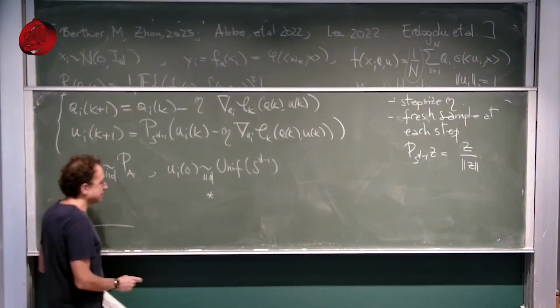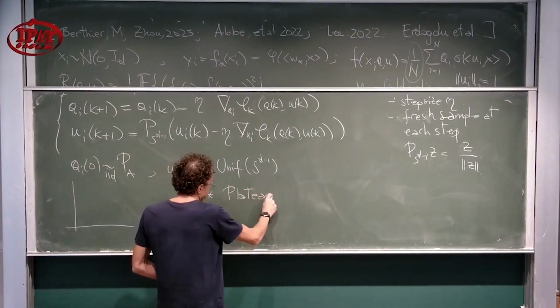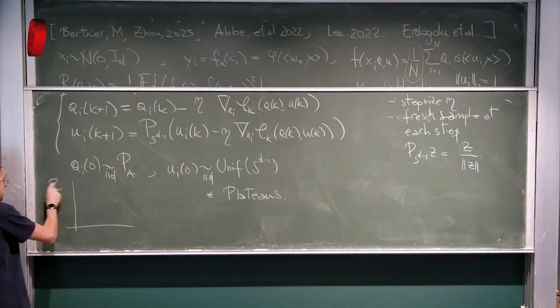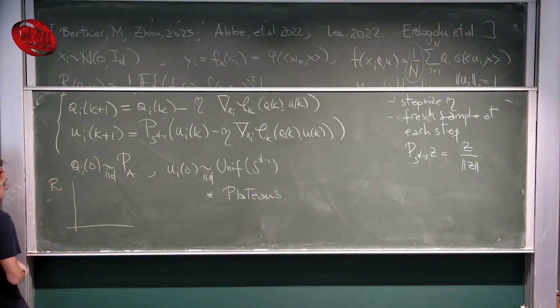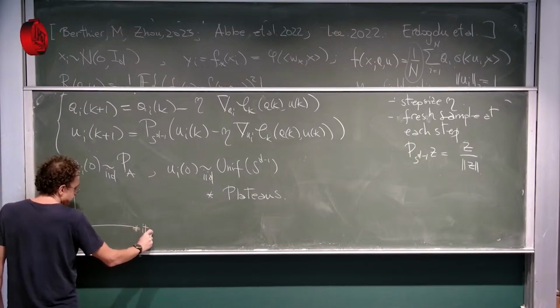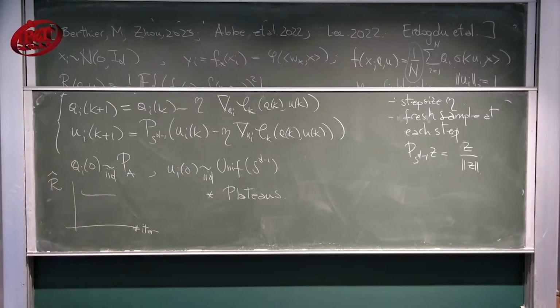One of these is that there is a long plateau. It means that if you plot the training error as a function of the number of iterations, it is often constant over long intervals of time.